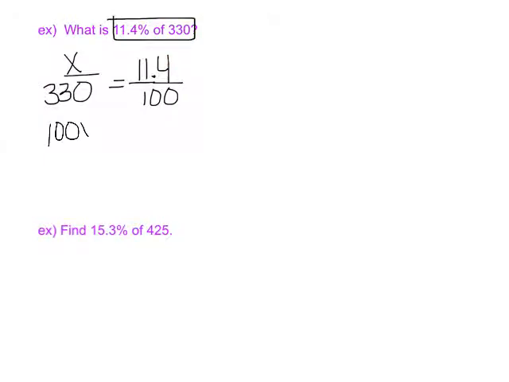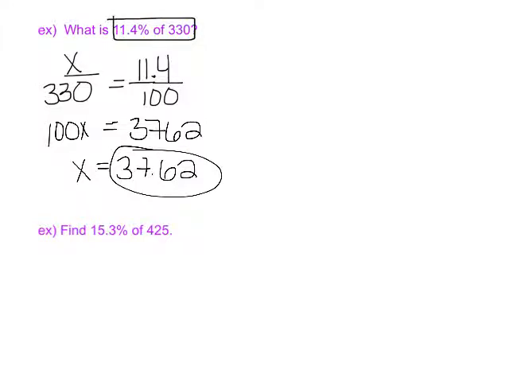So I'm going to get 100x equals 11.4 times 330, which is 3,762. And when I divide by 100, I'm going to get 37.62. So 37.62 is 11.4% of 330. Go ahead and pause the video, and I want you to try this one on your own.